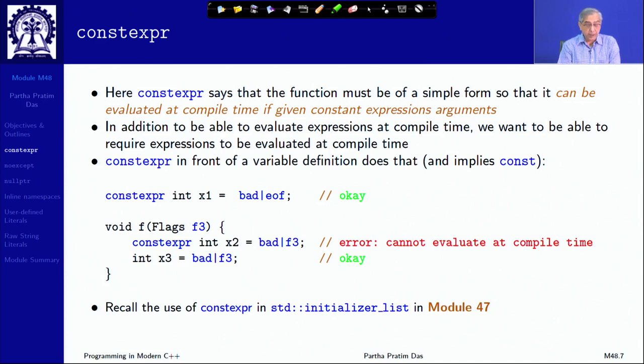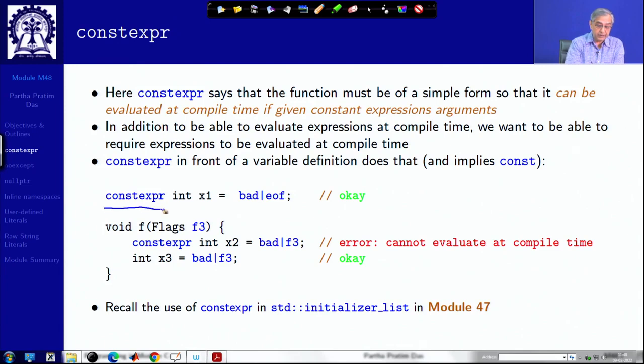So, constexpr in front of a variable definition will do that, and will also mean what we traditionally mean by const. So, this is a different context. We have constexpr before int x, and this is an expression which can be evaluated at compile time. So, it will have a constant value, and will treat this as a constant.